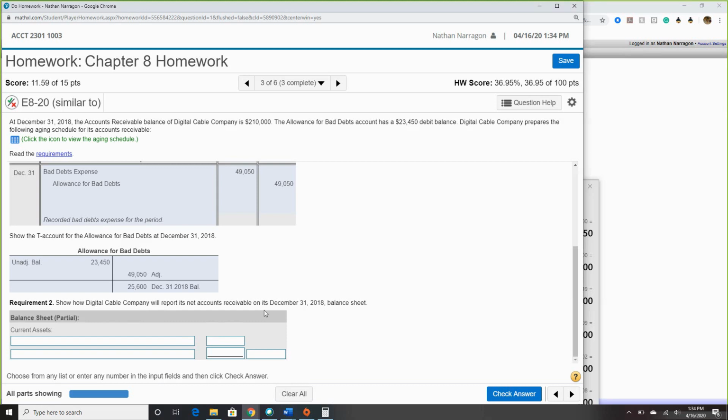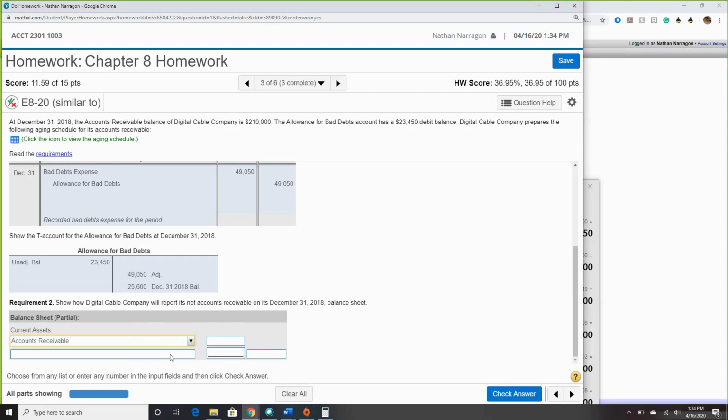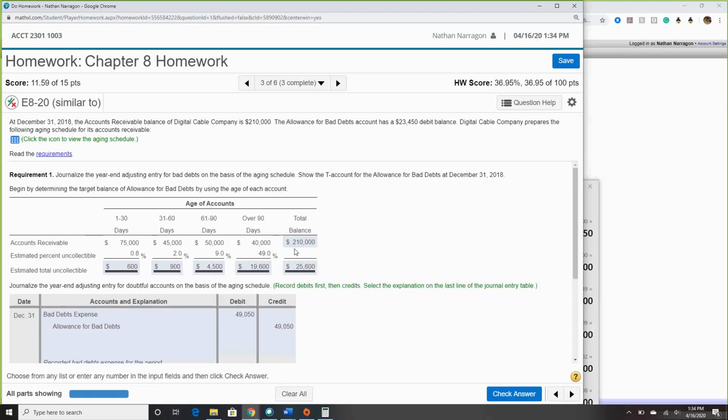Alright. And then, of course, the last part is we're going to show how to get to net accounts receivable, or again, net realizable value. I have to take your accounts receivable, less allowance. Allowance is already 25,600. And the accounts receivable balance is 210,000, which again we proved up here.